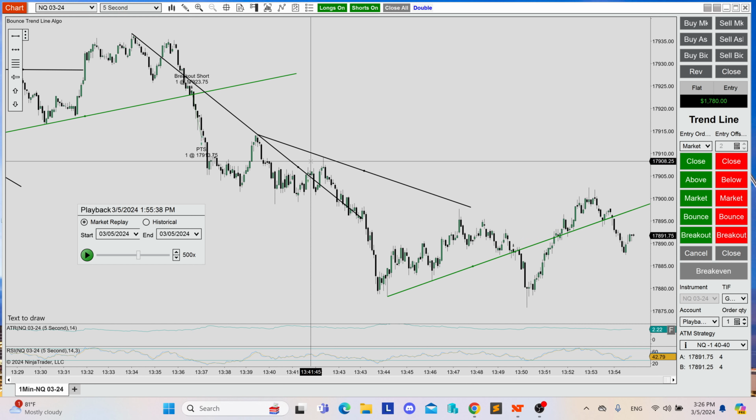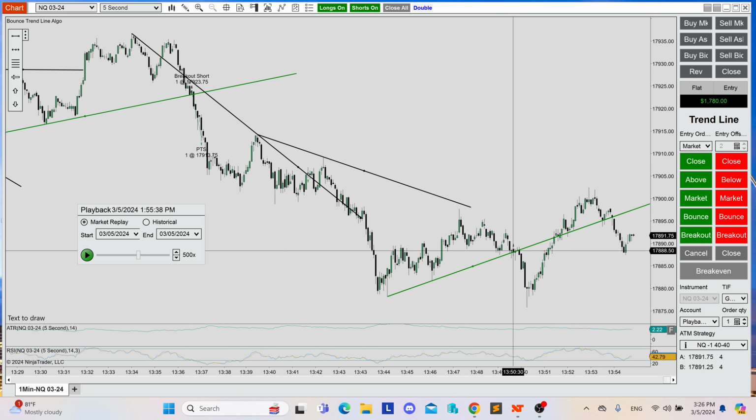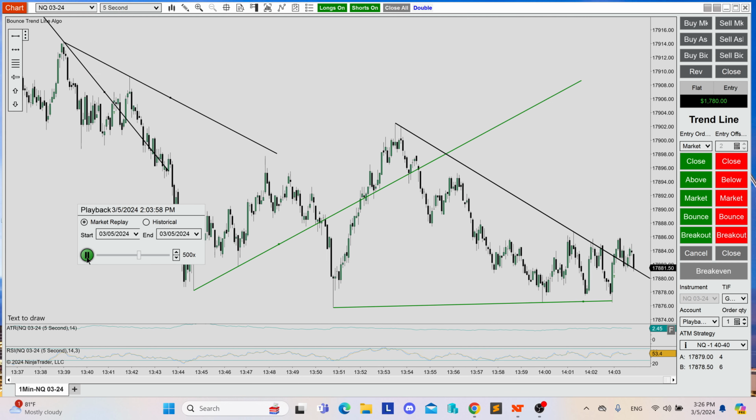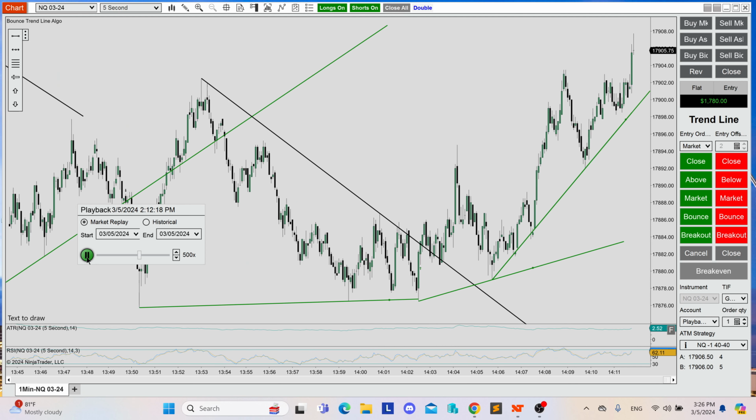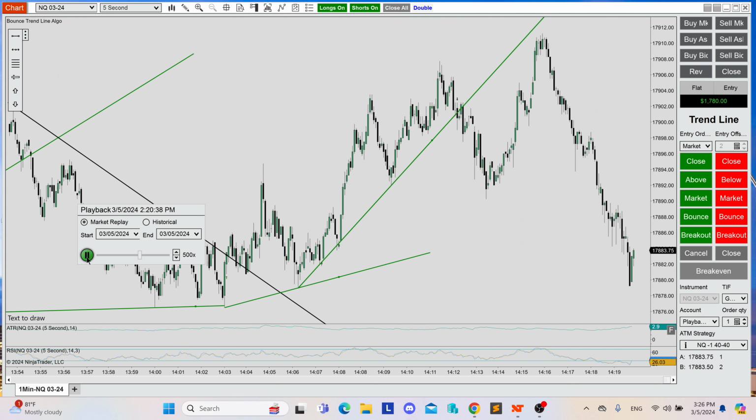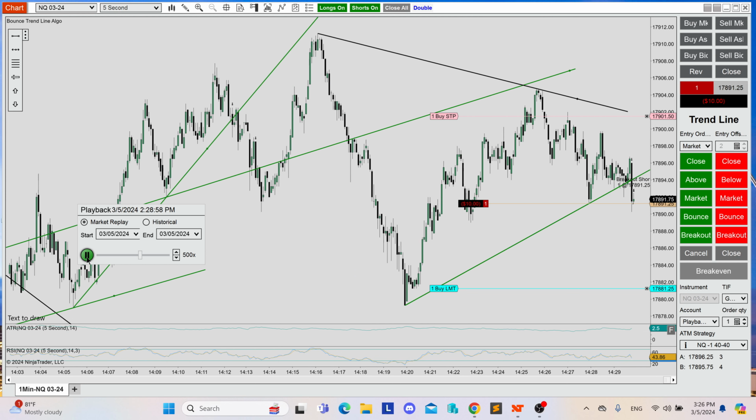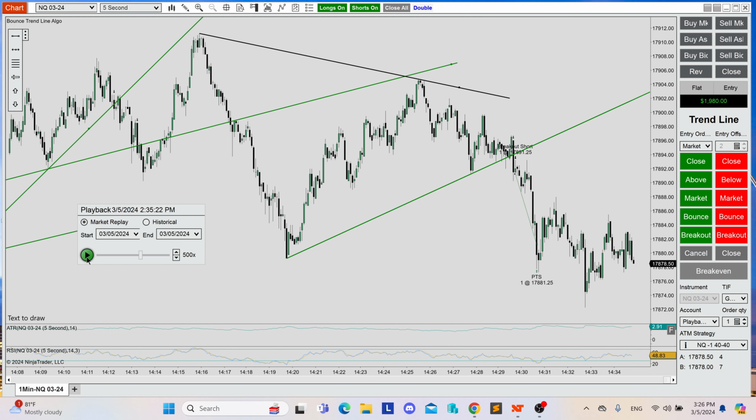We didn't buy it here, and there was not enough momentum to go short here either. So I'm pretty pleased with this algo. I think it's just a character of NQ. It just follows the trend lines.